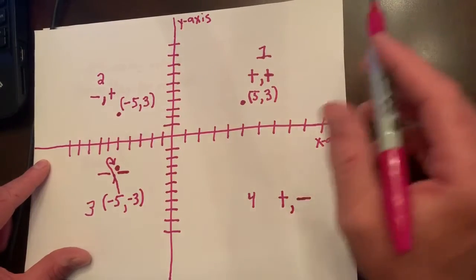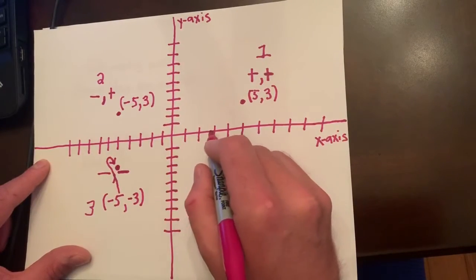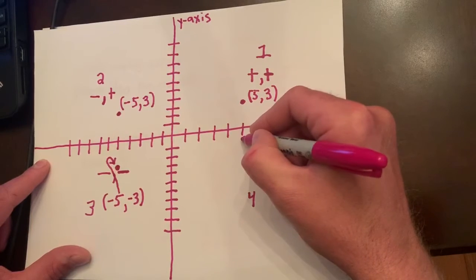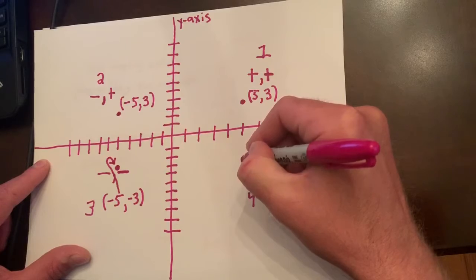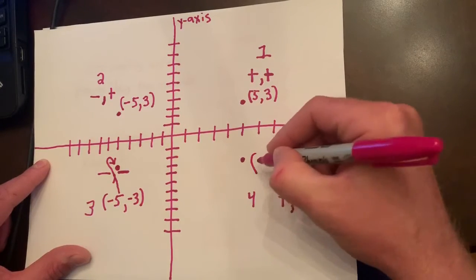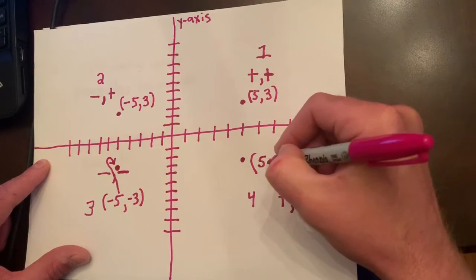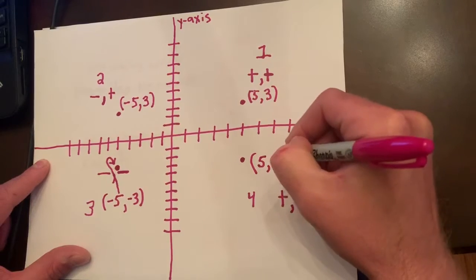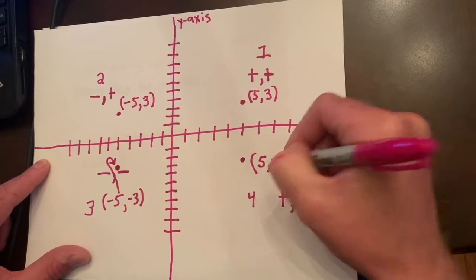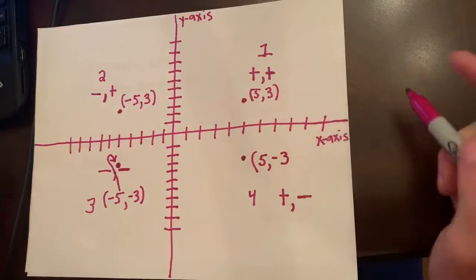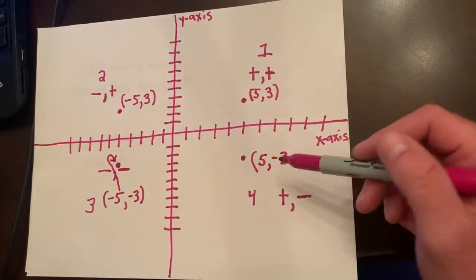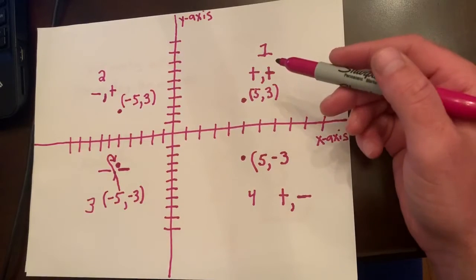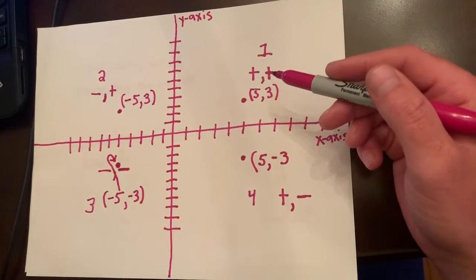So if I stick with 5 and 3, I go across 5, and then I go down 3. And now my ordered pair is 5, negative 3. Okay, so we have quadrant 1, 2, 3, and 4. You also might see Roman numerals for how those are listed.